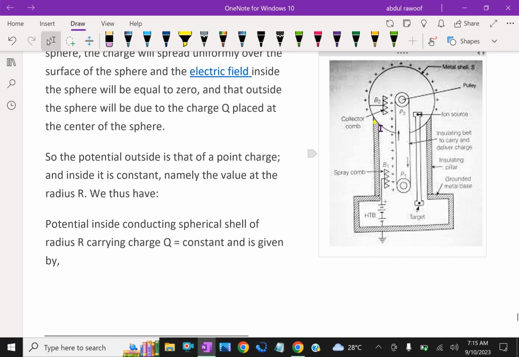Look here, a belt moves around inside that big spherical vessel. While it is moving, the charges are accumulated around the sphere.